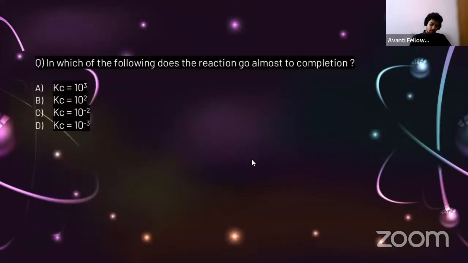Now, if you understood the concept, just try to go through this question. I'll give you 1 minute. In which of the following does the reaction go almost to completion? Just compare with the previous concept and say in which one the product will be going to. I'm not saying completed, I'm saying going to completion.